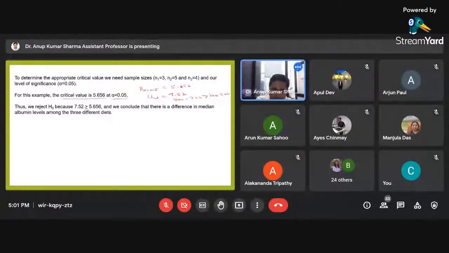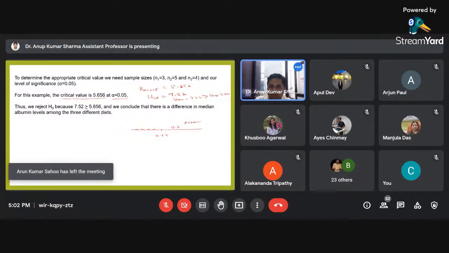In this case, the difference in median albumin levels among the three different diets is not there, because this side of 5.65 is the critical region and this side, 7.5, is the acceptance region. So we need to say there is no difference in median levels among the three different diets. This is our right conclusion, no difference.